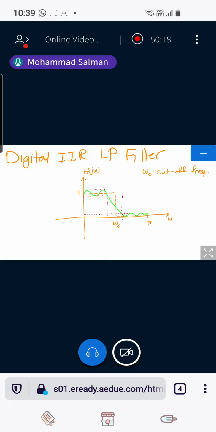Now, look, this region is the region where any frequency in this region will pass. So we call this the pass band. Any frequency in this region will pass.